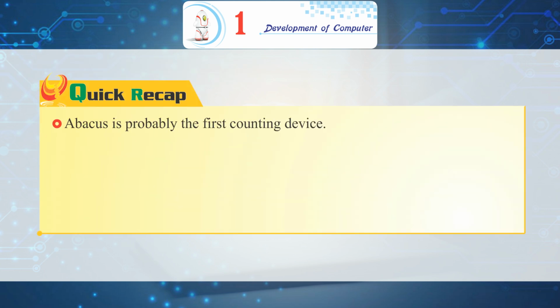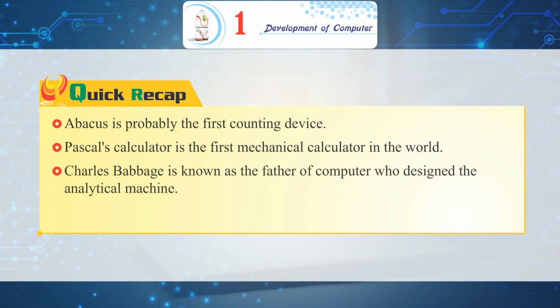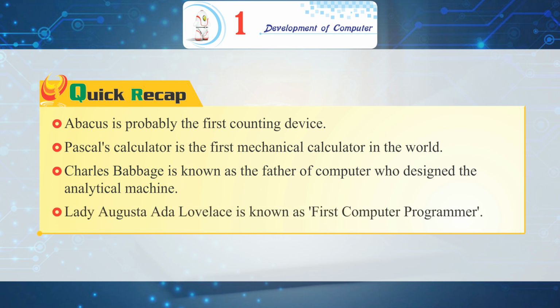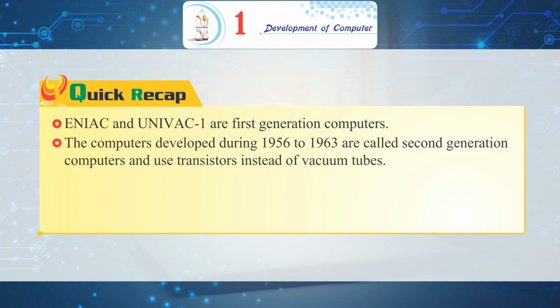Quick recap. Abacus is probably the first counting device. Pascal's calculator is the first mechanical calculator in the world. Charles Babbage is known as the father of computer who designed the analytical machine. Lady Augusta Ada Lovelace is known as first computer programmer. ENIAC and UNIVAC 1 are first-generation computers.